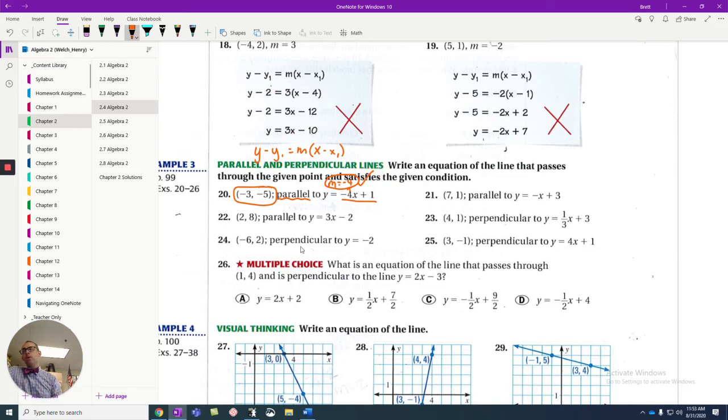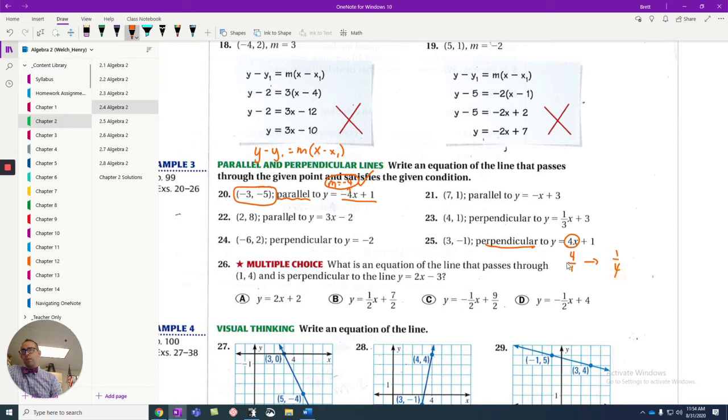Now when we get to perpendicular, we have to understand that when we look at a perpendicular slope, we're actually looking for the negative reciprocal, which means opposite sign and flipped. And so what we're going to do here, I'm going to take this 4, which is really a 4/1. We're going to flip it to produce 1/4.